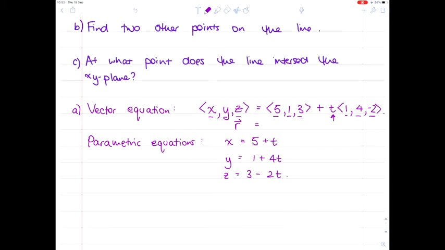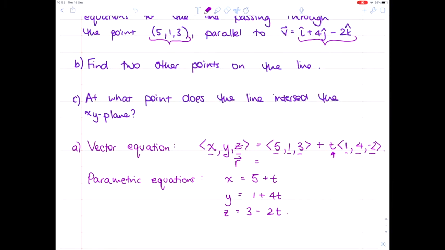And then we could use our basis vectors to say our x component is going to be 5 plus t in the i hat direction, and then we add to that 1 plus 4t in the j direction, and 3 minus 2t in the k hat direction. Just another way of writing exactly the same thing.